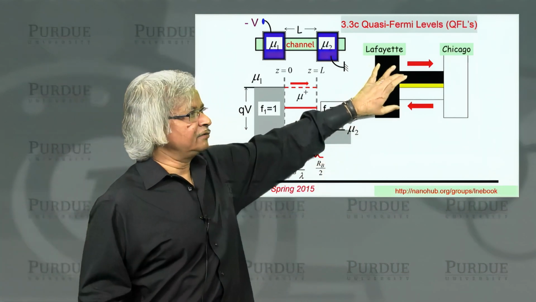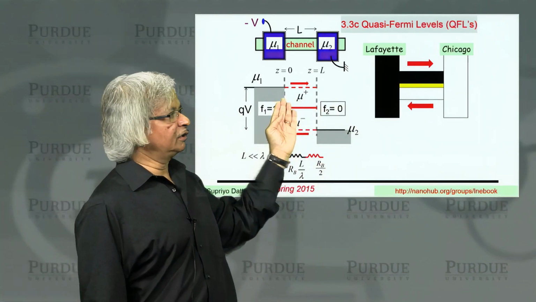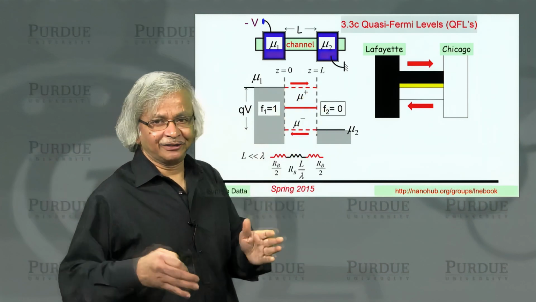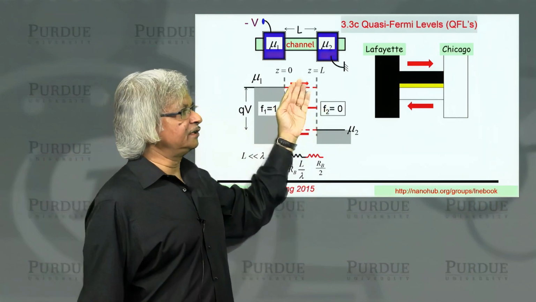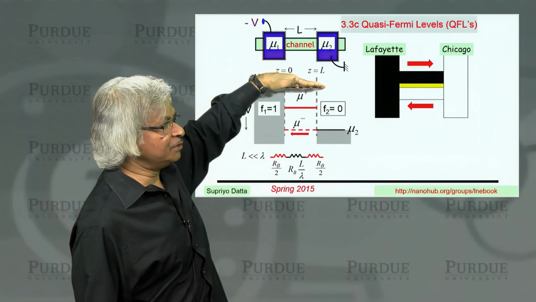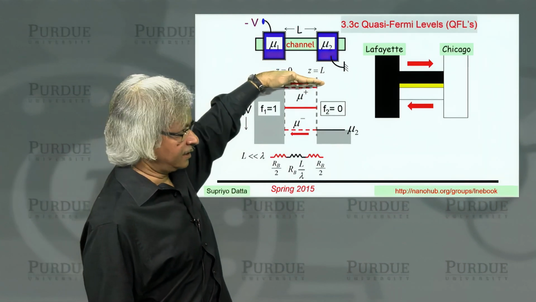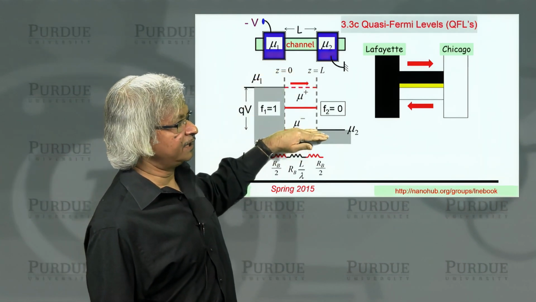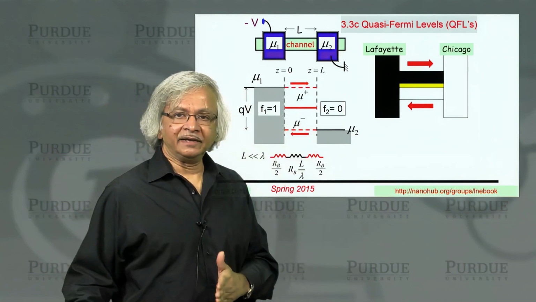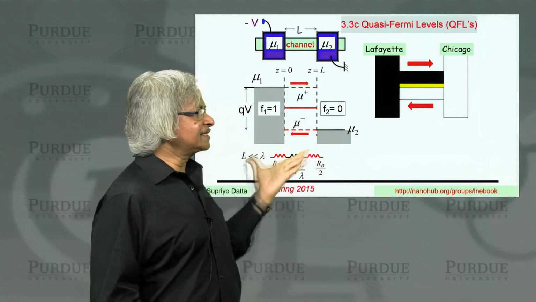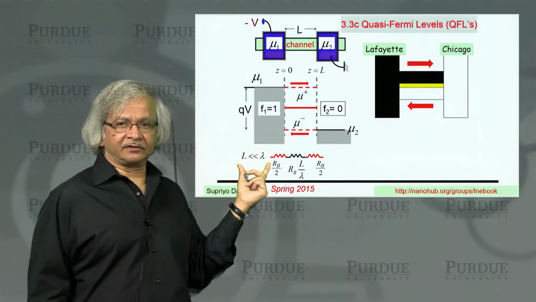And that's exactly what would happen here too. All the right-moving states, that's kind of like the northbound lanes, are completely filled up to here. That's mu plus. And all these states are completely empty. That's mu minus.